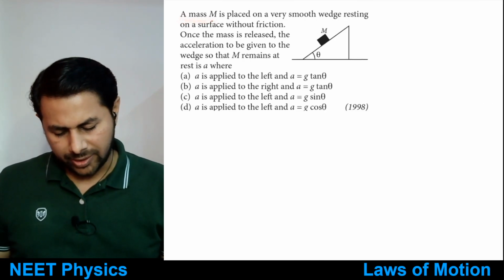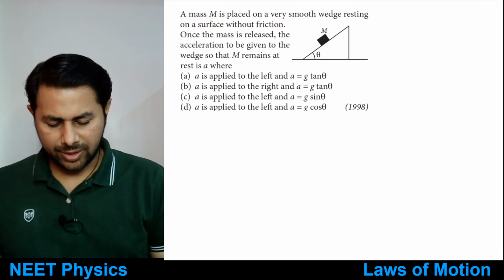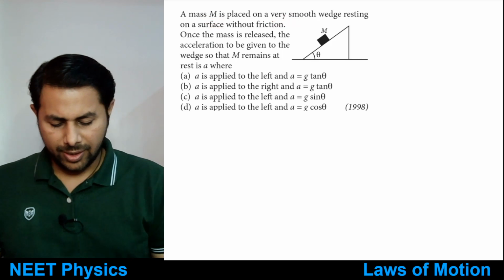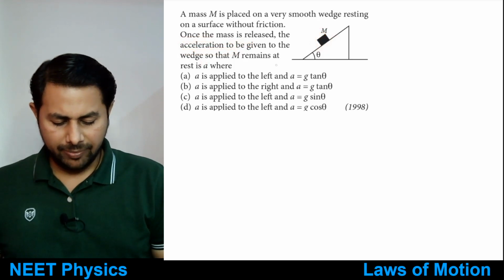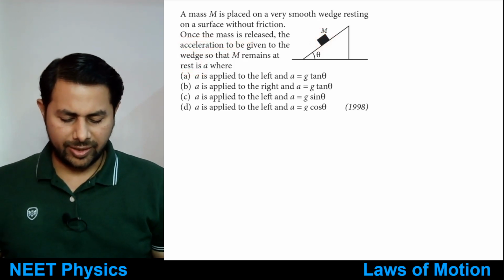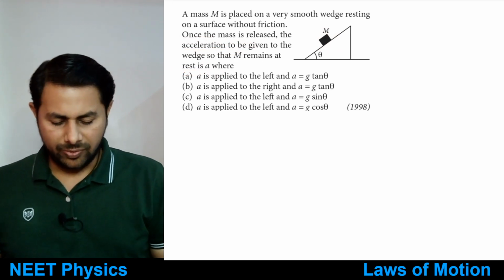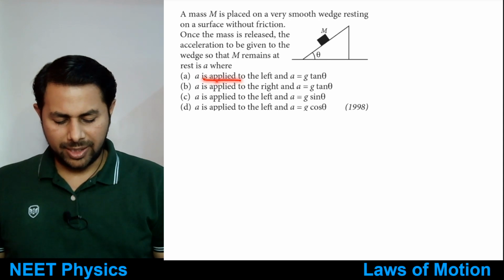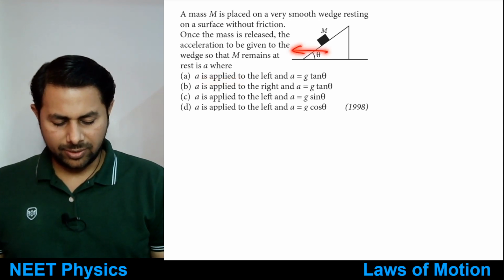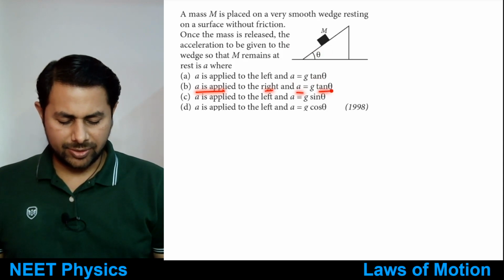Now you will tell me this. A mass m is placed on a very smooth wedge resting on a surface without friction. Once the mass is released, the acceleration to be given to the wedge so that m remains at rest is a. So what is a? This is the question. A is applied to left, and a is equal to g tan theta. A is applied to right and a is equal to g tan theta.